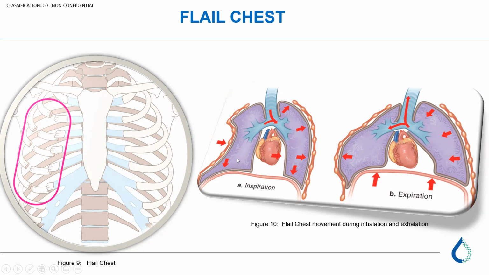But on the affected part that has a flail chest, instead of expanding, this injured part will suck in, will go down. Then when you exhale, in a normal lung the thorax will deflate. But in flail chest, the injured part will expand or open.